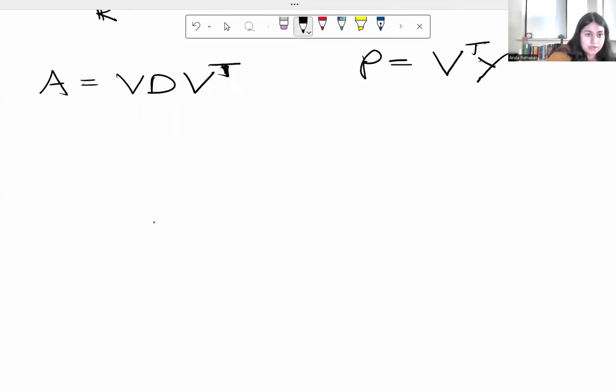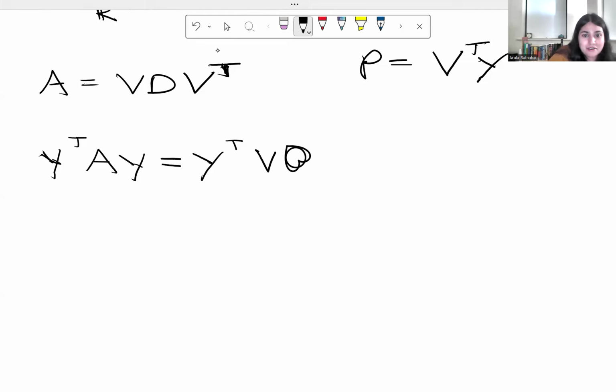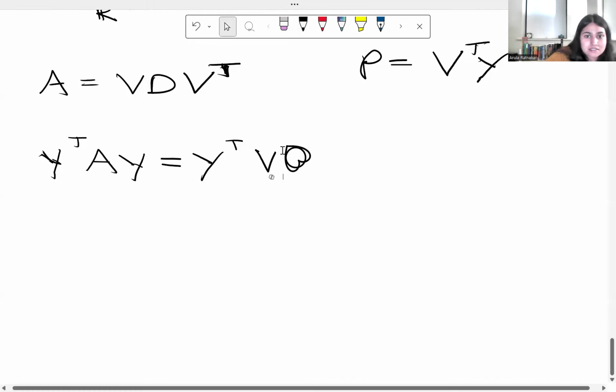Now we can rewrite, if we just look at this part inside the exponent, Y transpose A Y, as the same thing as Y transpose, and now we're substituting for A, putting in this V D V transpose Y. Sorry, I've never used this note-taking thing before.